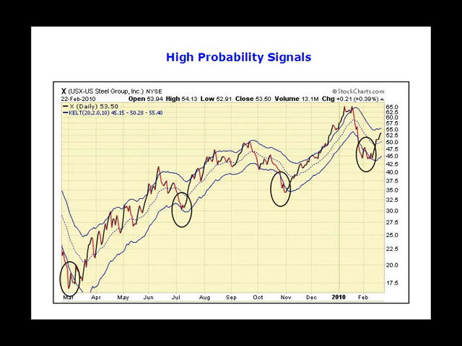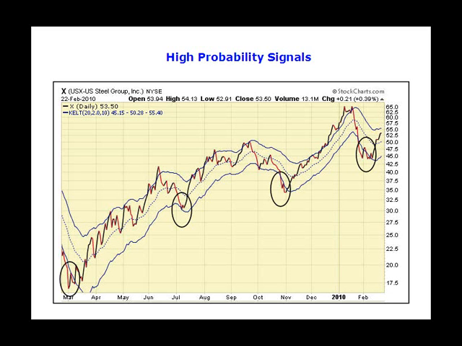So this doesn't happen very often, but it's usually a great setup for a high probability trade whenever the stock closes below the lower Keltner channel. So you want to watch for that, as this is a great buying opportunity.